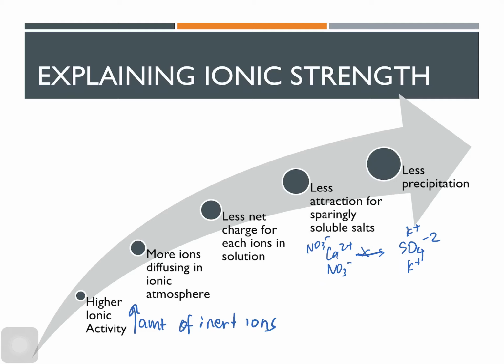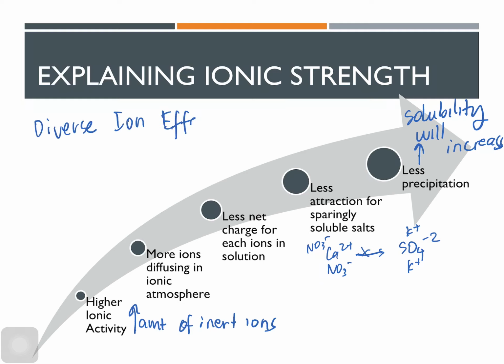Okay, so when you say less precipitate, this means that the solubility will increase. We call this phenomenon the diverse ion effect. So this is the second phenomenon other than the common ion effect.